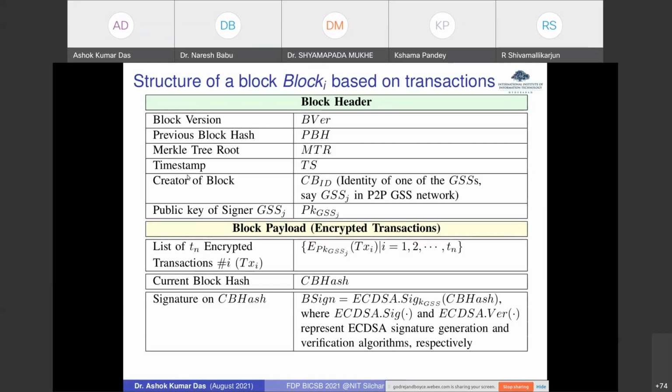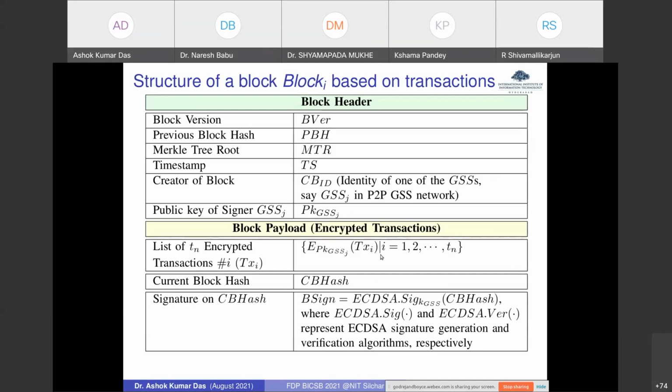Then the timestamp when this block was created, the creator of the block, that means which GSS has created this block, and the public key of the signer, which GSS has signed the message, that is the public key of the GSS.